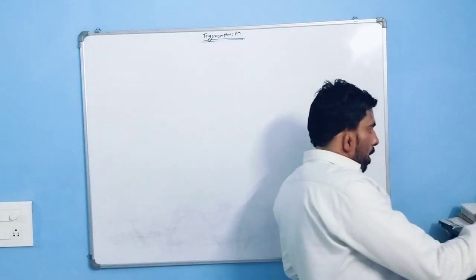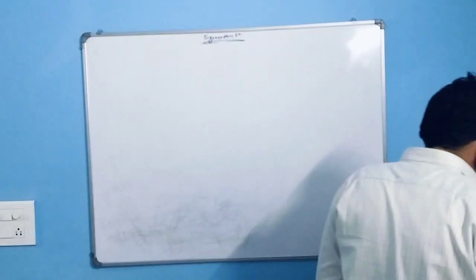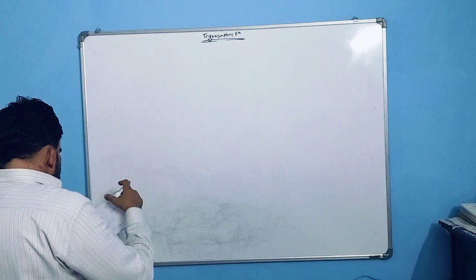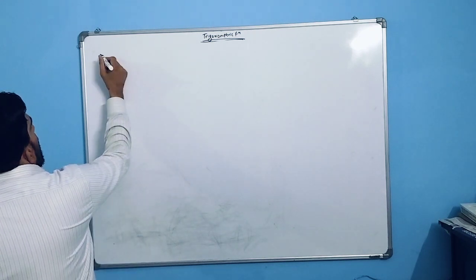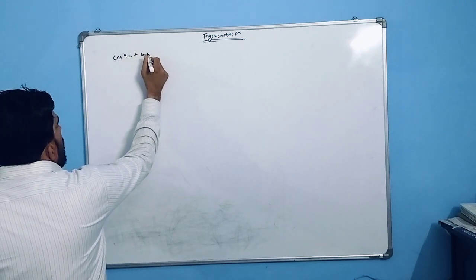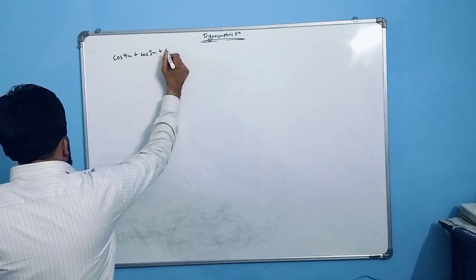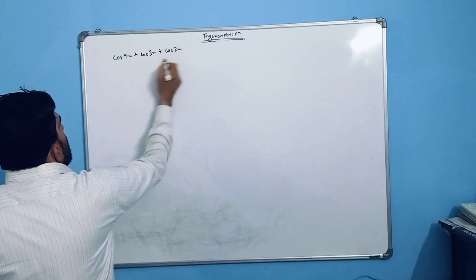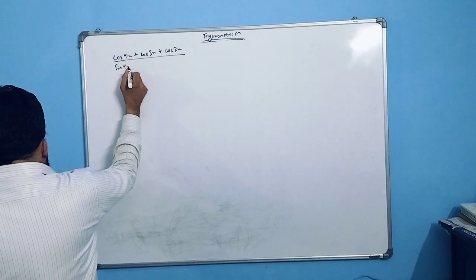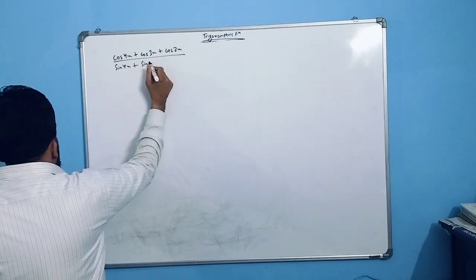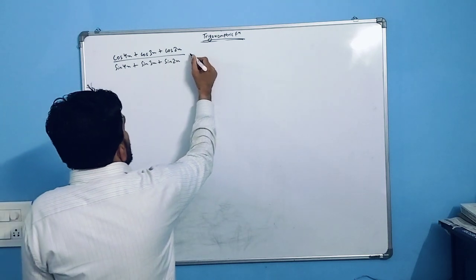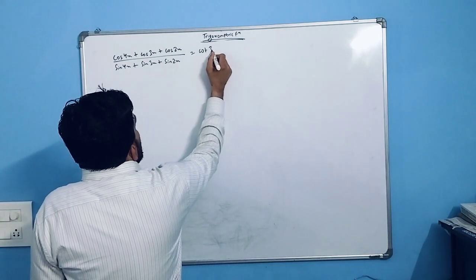So now we'll try to solve the next one. What they have given is (cos 4x plus cos 3x plus cos 2x) upon (sin 4x plus sin 3x plus sin 2x) is equal to cot 3x.